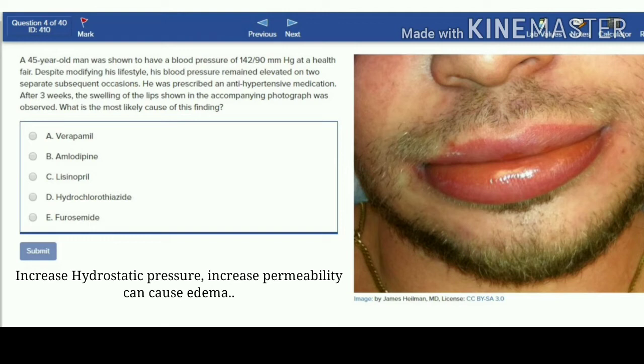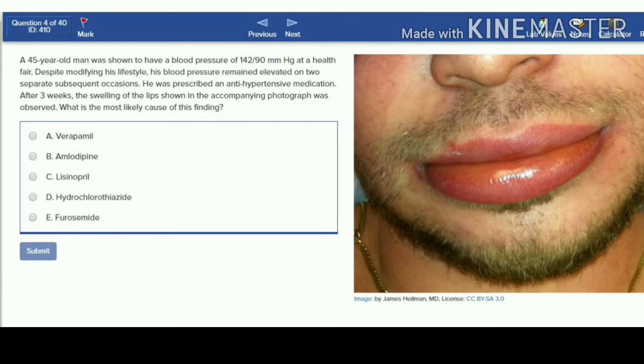Or whenever there is severe vasodilation, which also leads to fluid coming out of the vessels and accumulating in the interstitium. And increased permeability of the vessels causes the fluid to ooze out and leak from the vessels. So we will go through the options one by one and see which drug causes this condition.